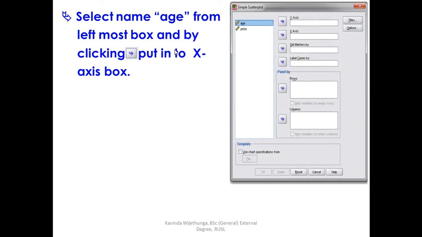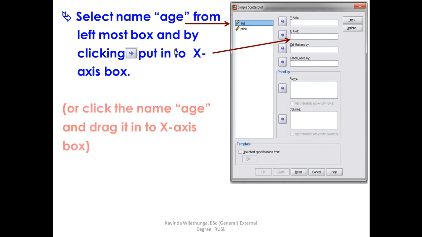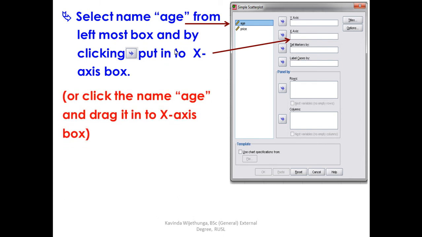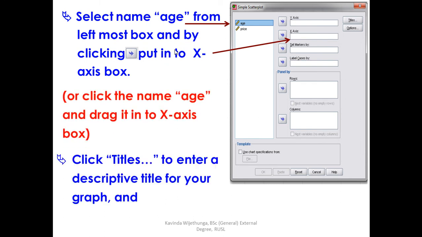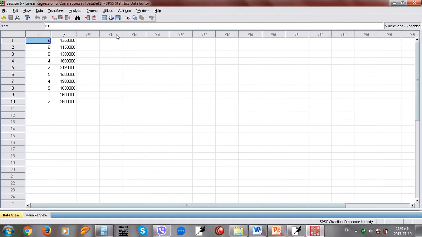You can also click the name of the age and drag it into the x-axis box. You can use both methods. Then click Titles to enter a descriptive title for your graph. Then click OK.